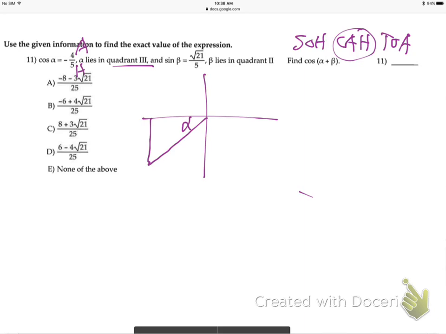So this is the angle. This is the adjacent. This is the hypotenuse. This is the opposite. So cosine is minus 4/5, like that. Everybody good with that right there? Right, because cosine is adjacent over hypotenuse.